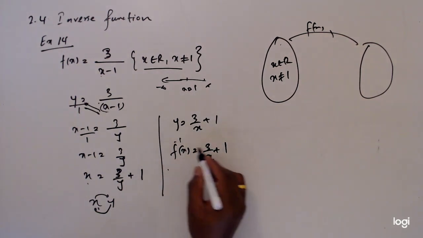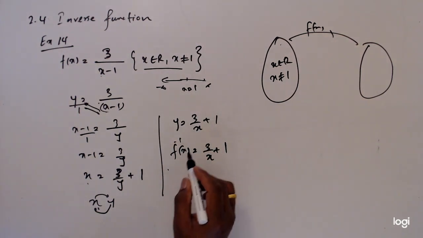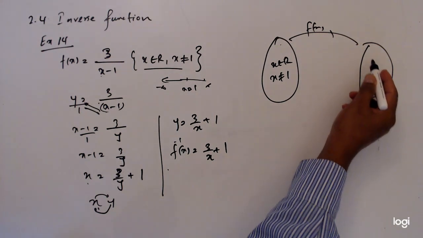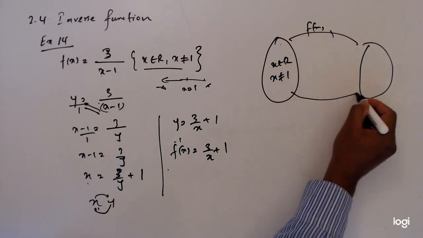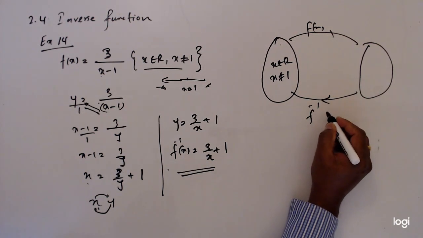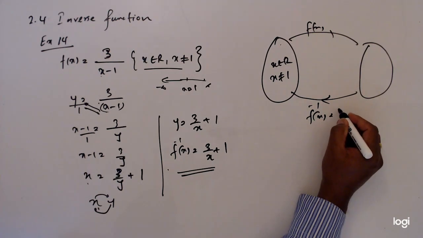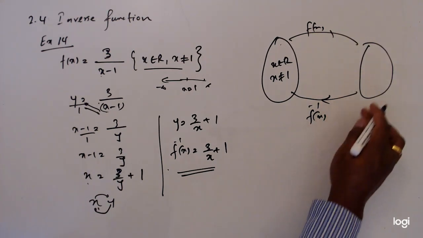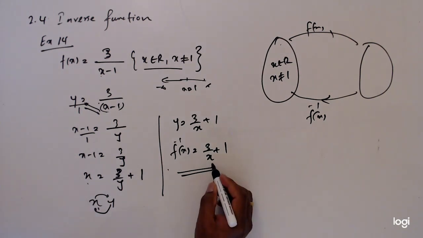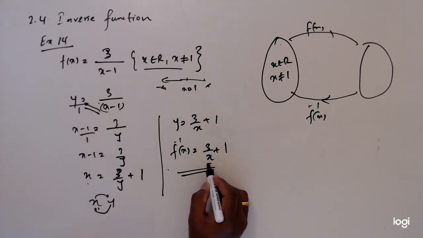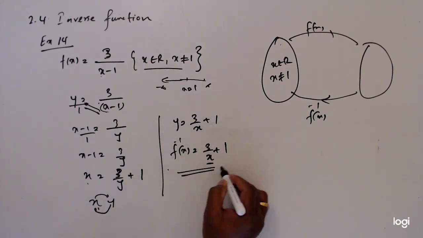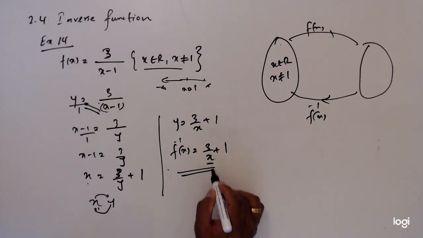Now when we look at this one, I'm not going to find the range directly. Instead of that, I can look at the domain of the inverse function. What is the domain of f inverse? We can put any real numbers, but I can't put x equals 0.